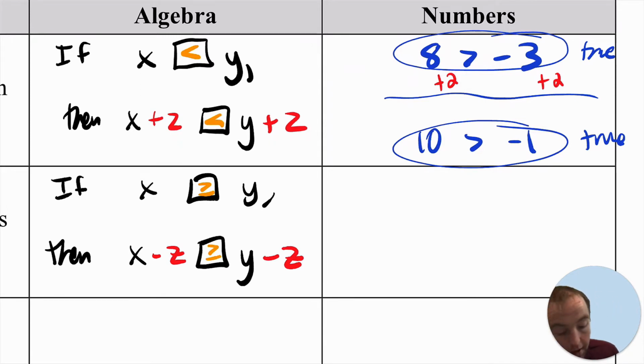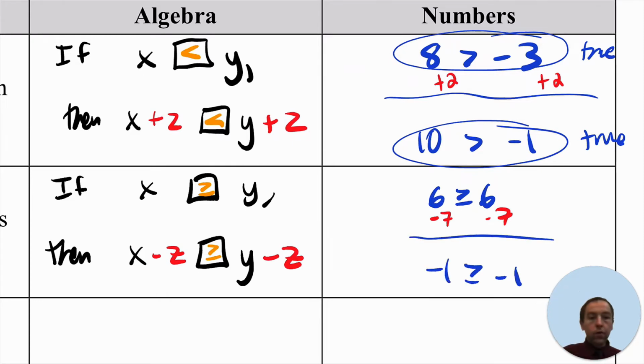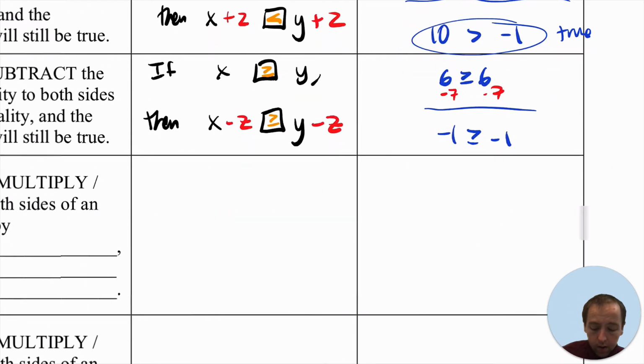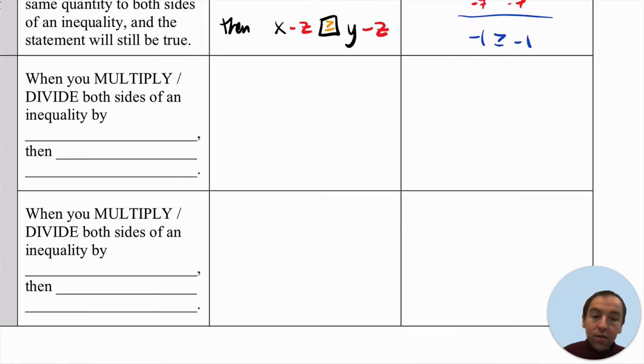You can see that through examples. You know that 6 is greater than or equal to 6, right? If I subtracted 7 from both sides, your resultant inequality would be -1 is greater than or equal to -1, and that's still going to be true, of course.